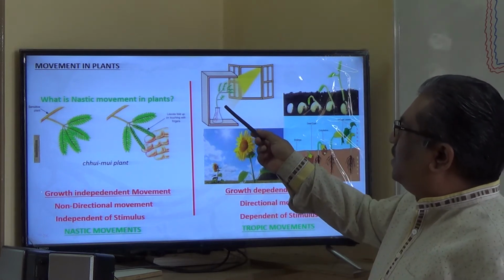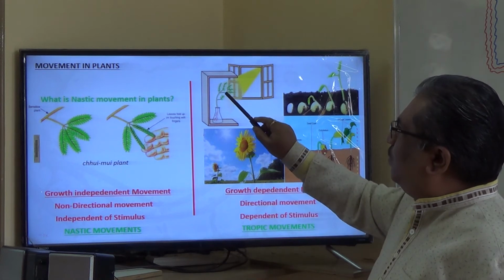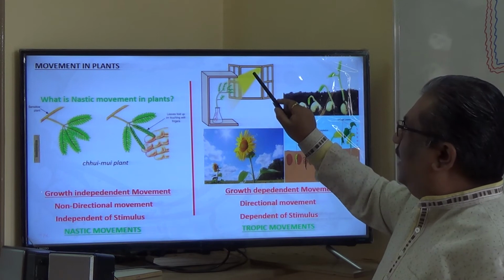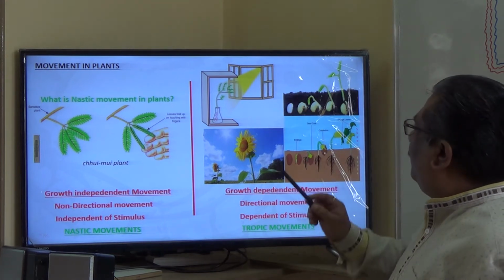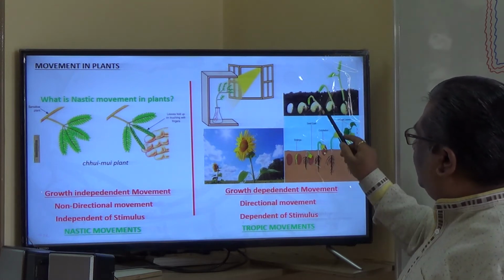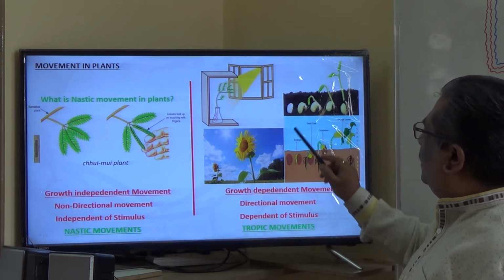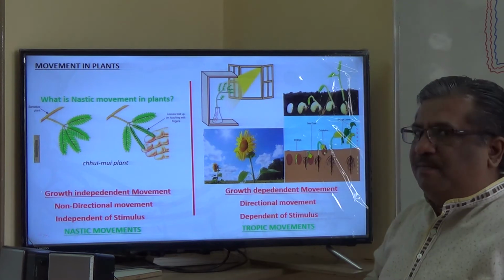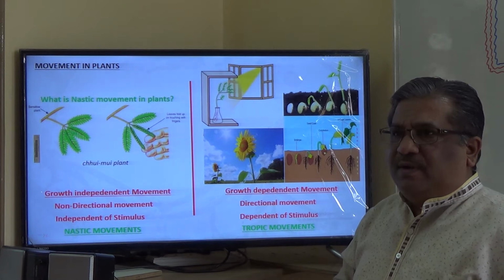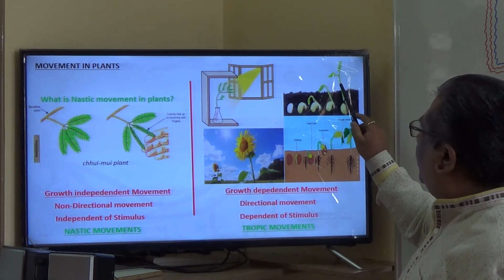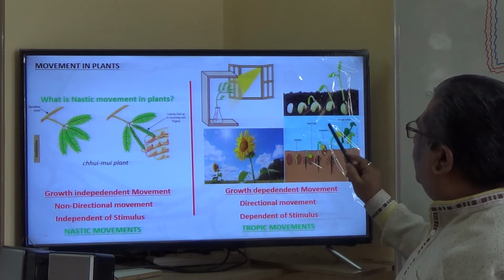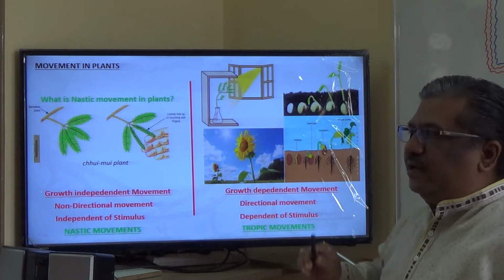This diagram illustrates the growth of the stem towards the light. These two diagrams illustrate germination of seeds. When the seeds germinate, the shoot part grows upwards above the ground, and the roots grow downward into the ground.